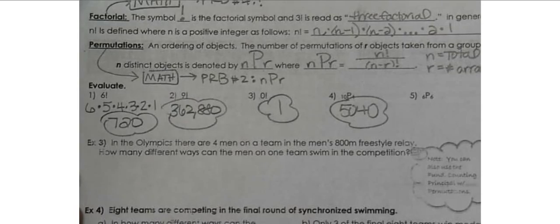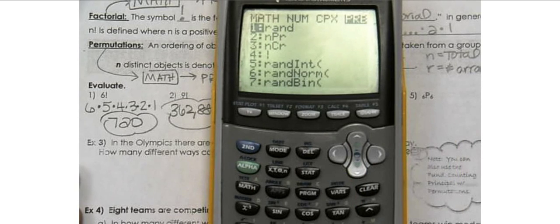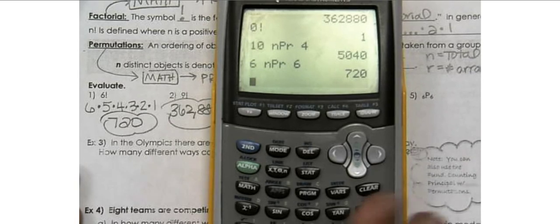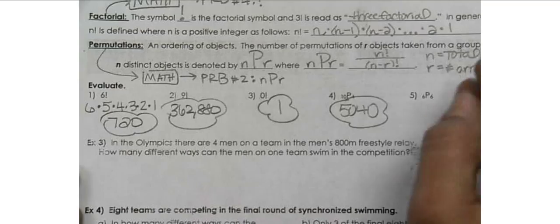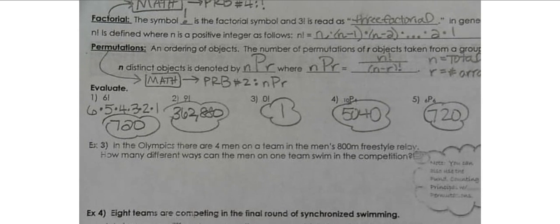So to evaluate 6P6, I would do 6, Math PRB 2, 6, and press enter, 720. So when it asks us to evaluate those, all you have to do is use your calculator. That's it, okay?